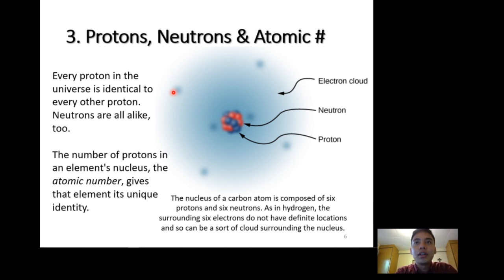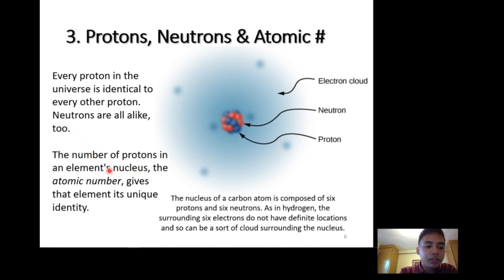You can imagine that in the world, the protons are the rocks, while the electrons are the air molecules. The electron can move around. Every proton in the universe is identical to every other proton, and neutrons are all alike too.